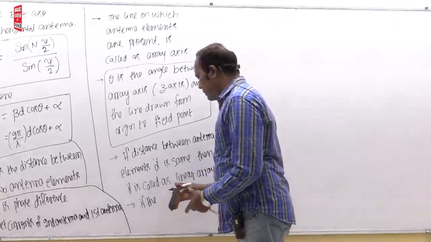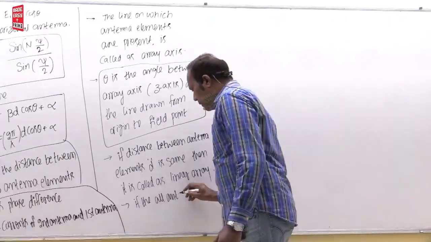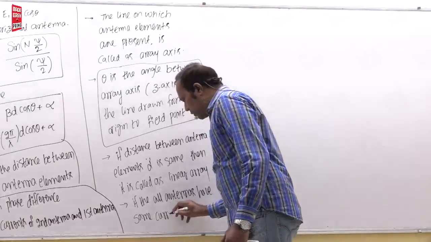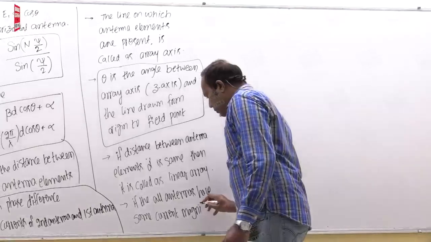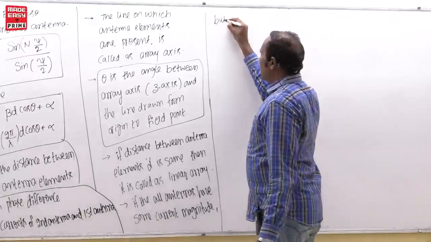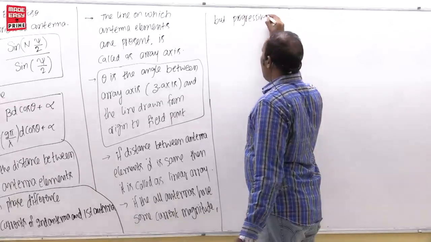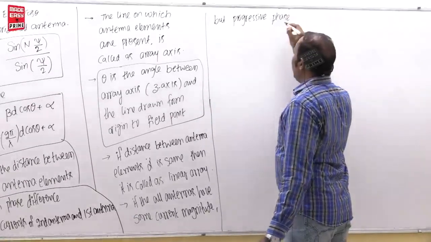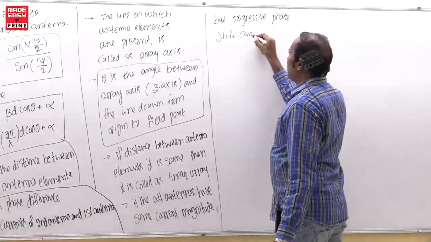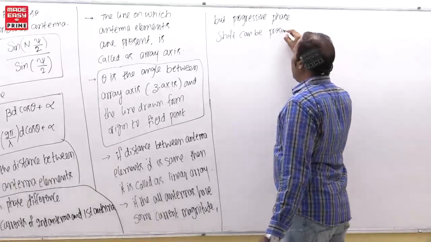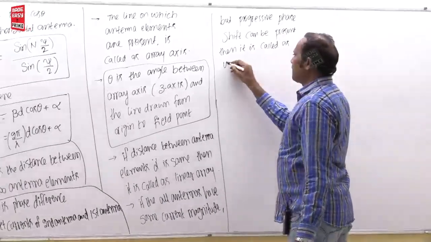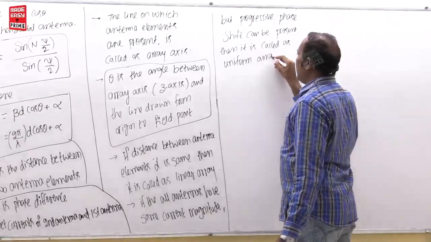Okay, if all antennas have same current magnitude, but progressive phase shift can be there, but progressive phase shift can be present, then it is called as uniform array.